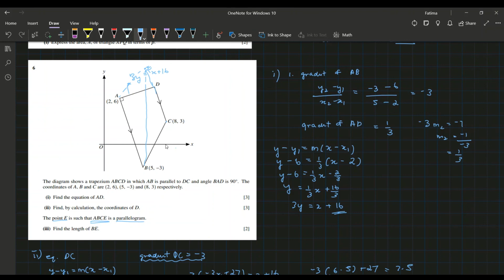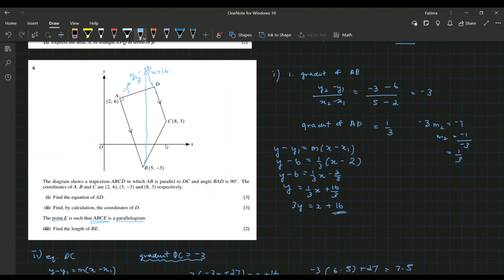So we have the gradient and we have point C, so we can easily find out what equation CE is. Actually, I believe the equation CE is the exact same as equation CD because the gradient is the same. There's no change happening. So if we applied the y minus y1 is equal to m times x minus x1 formula, we'd end up in the exact same equation.